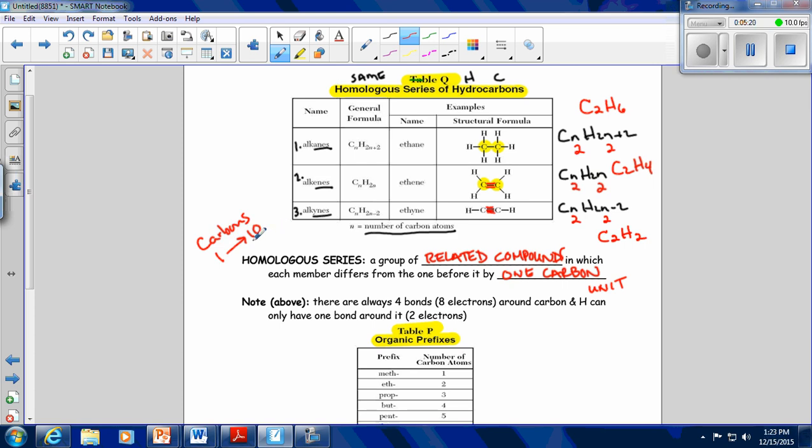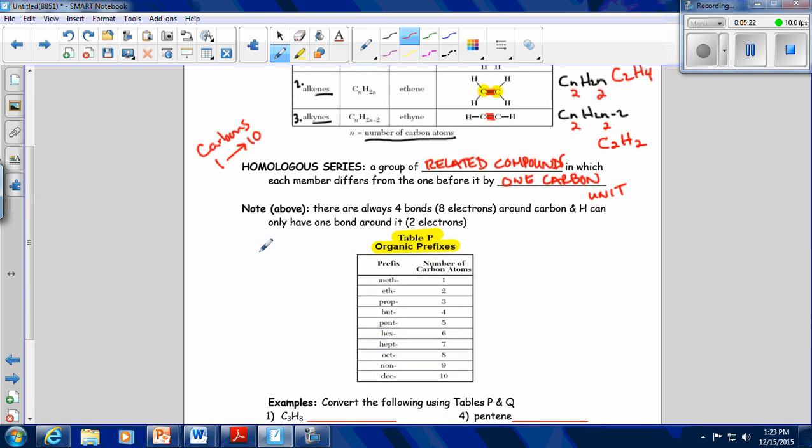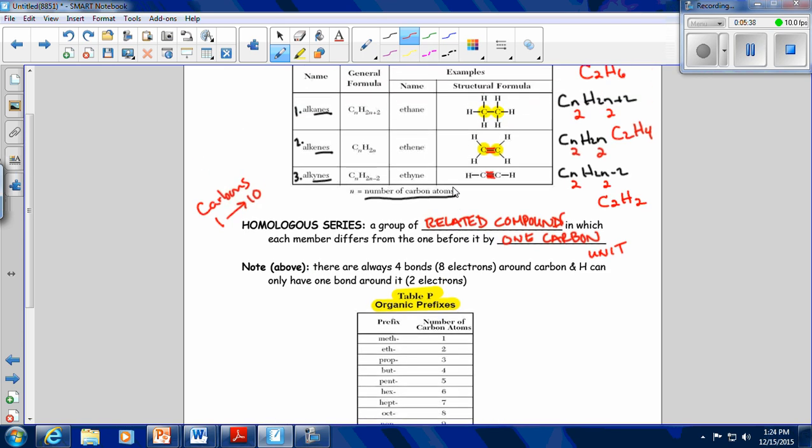Now, note, there are always 4 bonds or 8 electrons around the carbon and the hydrogen. For the hydrogen, there can only be 1 bond around. So if we were to take the structural formula for ethane, you can see that there's a bond here, here, here, and here for this carbon atom.